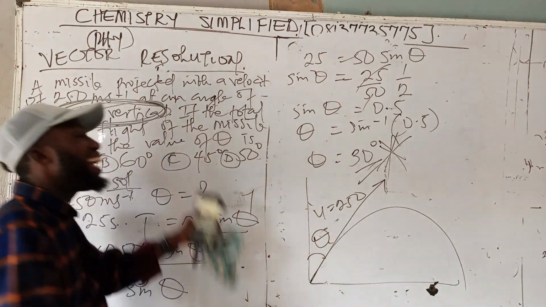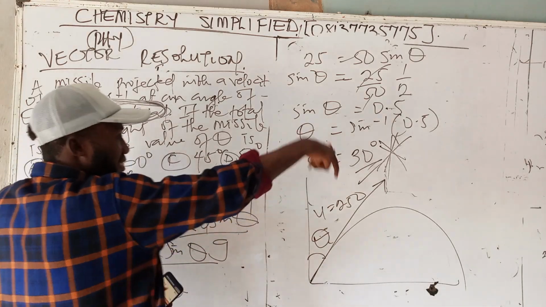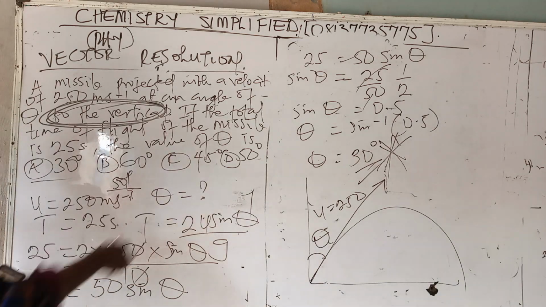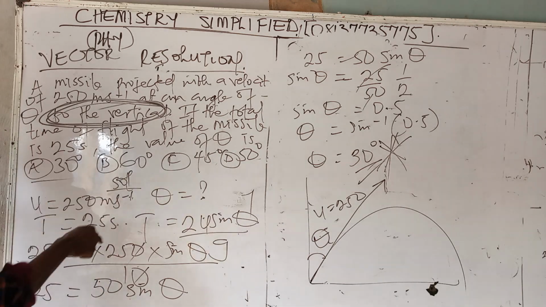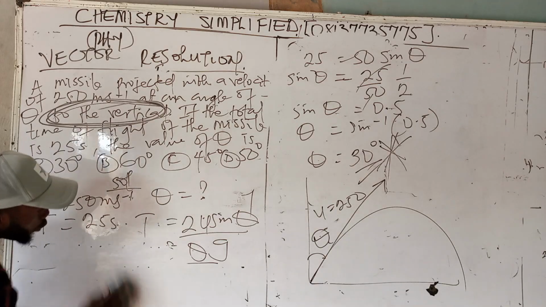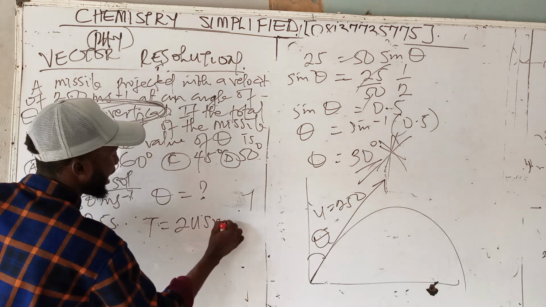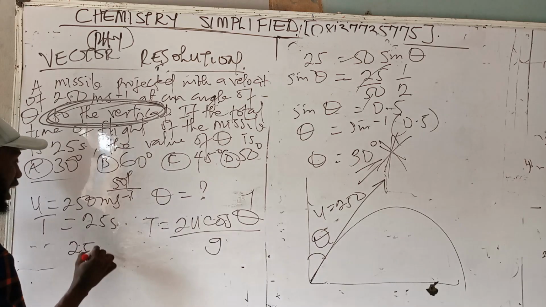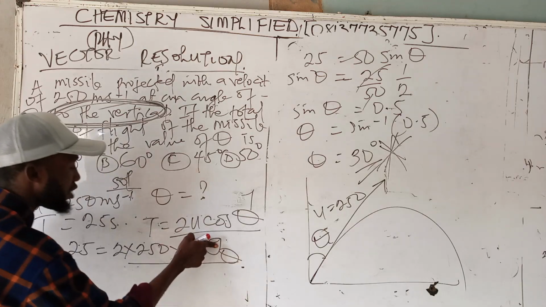If the angle is to the vertical, the formula will change, resolving vertically to cos theta, not sin theta. If you use the wrong formula, you will still see your wrong answer in the options. That's why JAMB can be so funny. So now T equals 2u cos theta over g. We have 25 equals 2 times 250 multiplied by cos theta all over 10.